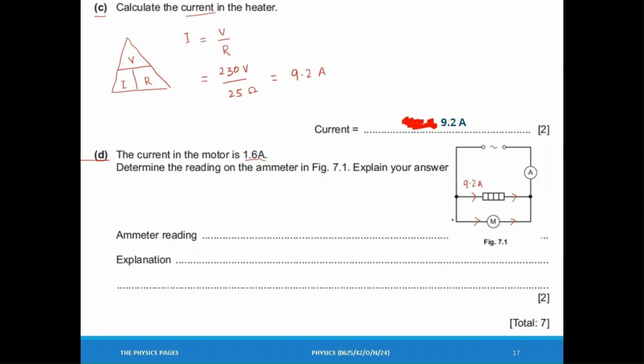So, the current through the ammeter would be the current coming from this branch, and these two currents, 9.2 and 1.6, will combine here, and it will pass through it. So, the total current through the ammeter will be equal to 1.6 plus 9.2.